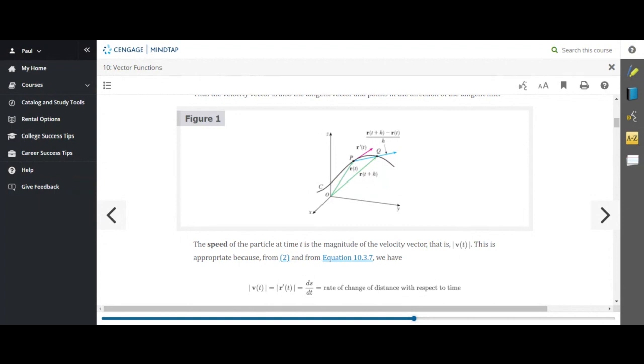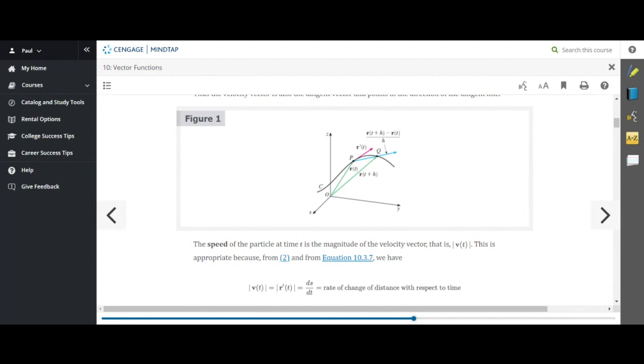Now they don't really have a vector drawn at PQ, they just have points P and Q. But if you take r of t plus h minus r of t, and then divide it by h, that's like multiplying by a scalar 1 over h, you'll get that blue vector there.